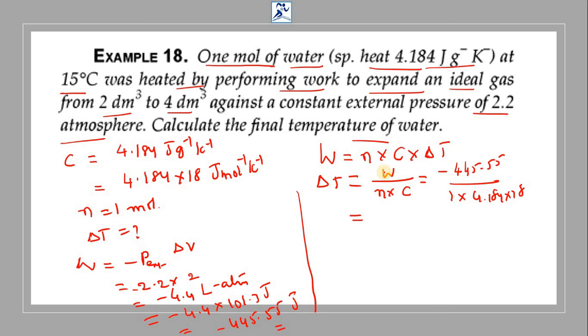And this simplification gives an answer equal to 6.05 Kelvin.